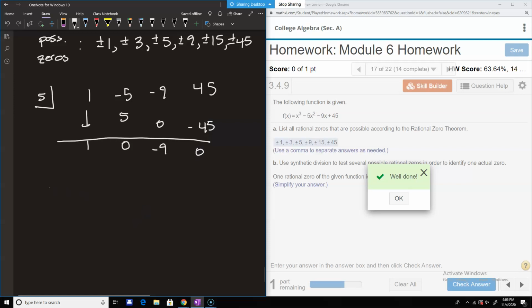So that works. And that tells us, in fact, that x cubed minus 5x squared minus 9x plus 45 factors into x minus 5 times x squared minus 9, which we know factors into x minus 5, x plus 3, x minus 3, which is how you get all the answers from factoring.